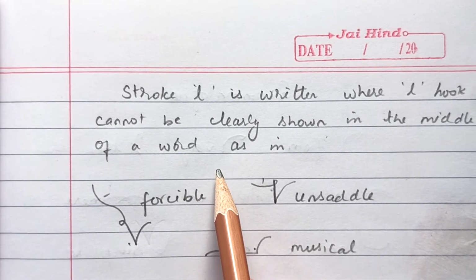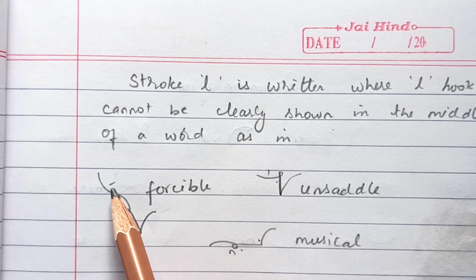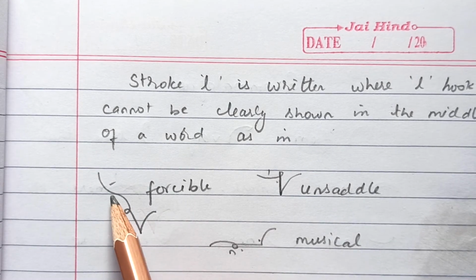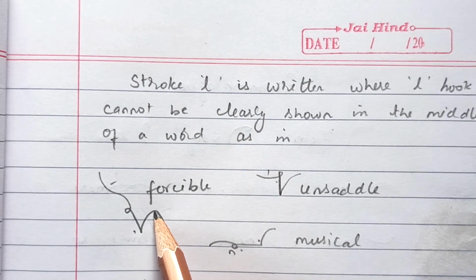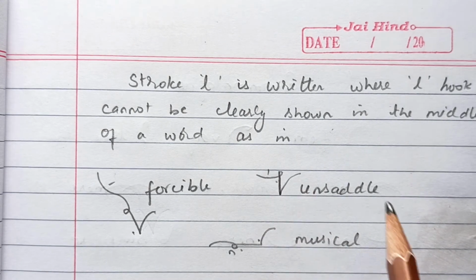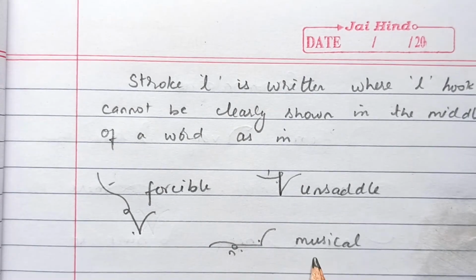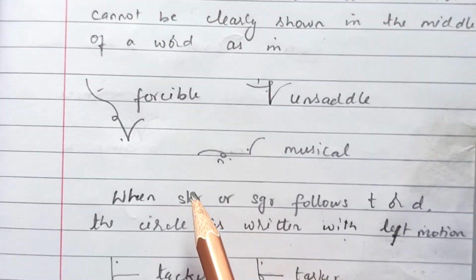So where there is no possibility or no easier joining or no visible L hook, there we have to write the stroke L. So in this word forcible, we have written the L consonant fully. Same way, unsaddle, musical. So in these words, the stroke L has to be written fully.